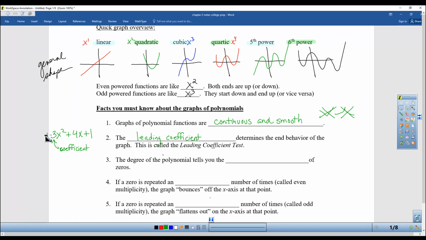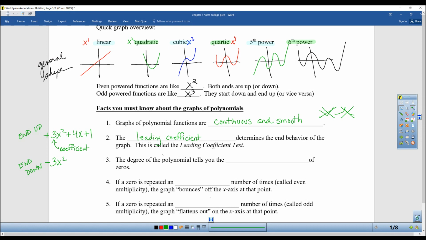So if the leading coefficient is positive, the graph is going to end up. If the leading coefficient is negative, then the graph is going to end down. I can't tell you how it starts. How it starts will depend on whether or not the function is an odd-powered function or an even-powered function. But the leading coefficient does tell you how it's going to end.